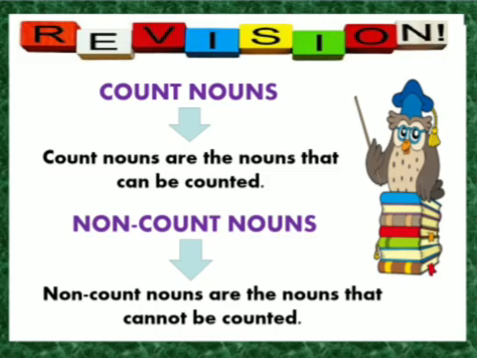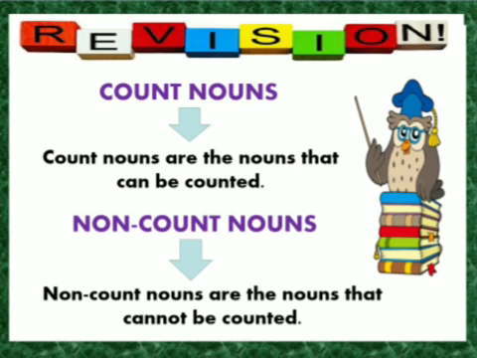Okay, so here we are just quickly going to revise what we learned about count nouns and non-count nouns. Dear students, count nouns are the nouns that can be counted. For example, one box, two televisions, four beds, 100 boys, 1,000 animals.